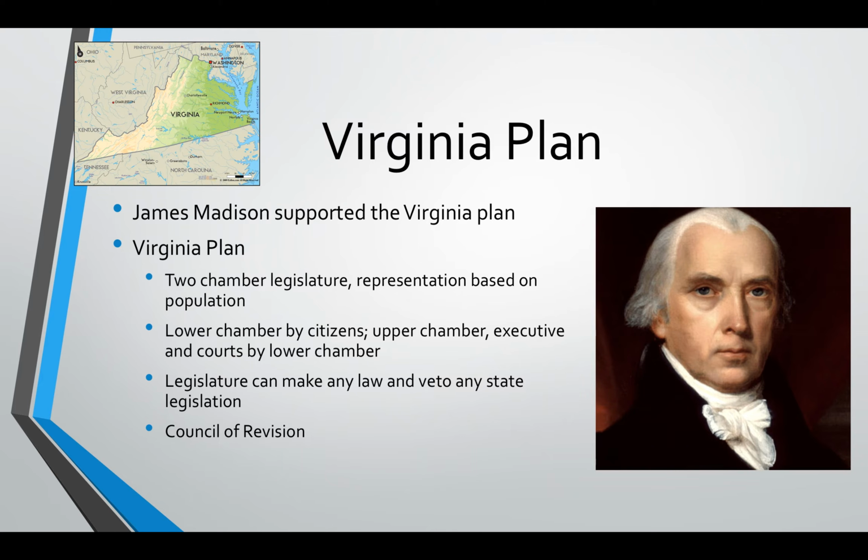The lower house would be elected by the citizenry, while the upper chamber, executive, and courts would be elected by the lower house. The legislature would be able to make any law and veto any state legislation. The Council of Revision, made up of the executive and the court, would have the power to veto legislation, though the legislature could override a veto by a majority vote.